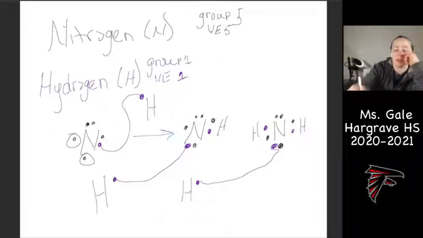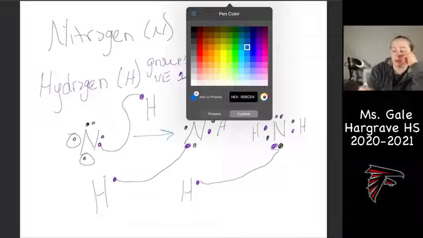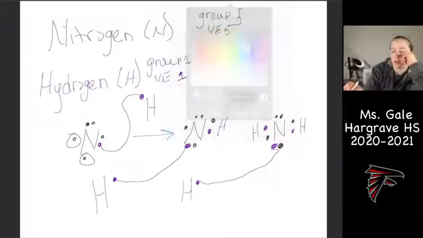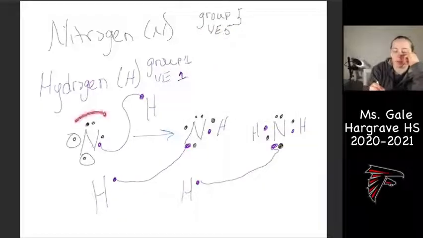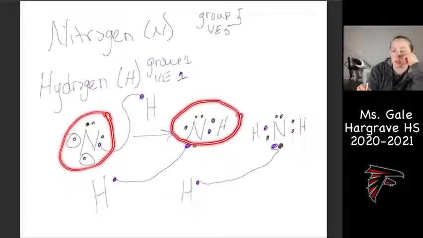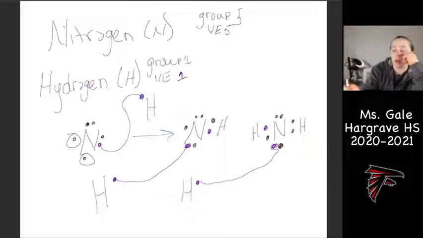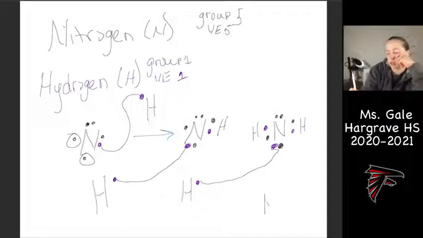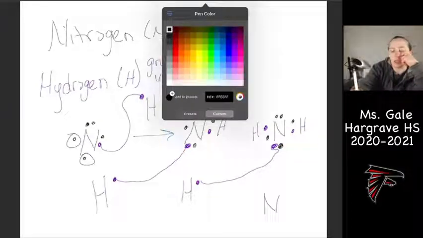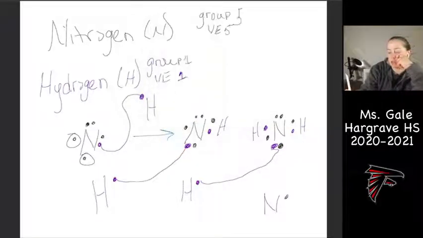So we went from no electrons being happy to one electron being happy, to two electrons happy. Now we're having all three of nitrogen's electrons happy as can be. They're all sedated. They're all calm. They're all on Prozac.